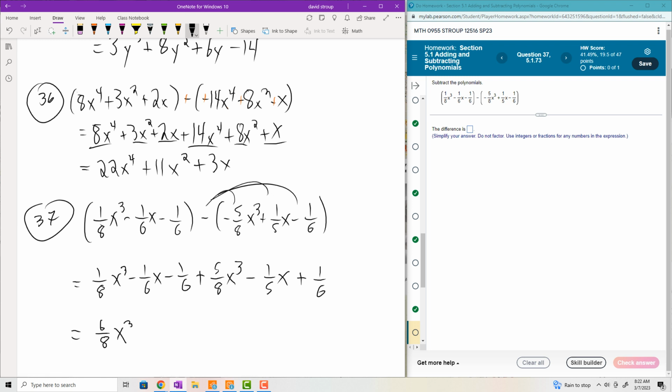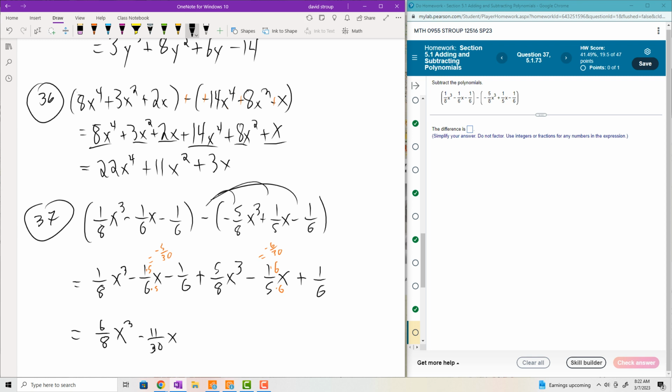The second term, I'm going to need some common denominators. So multiply top and bottom of this guy by 5, this guy by 6. That'll give me negative 5/30, and the other one will be negative 6/30. So that'll give me negative 11/30 x.